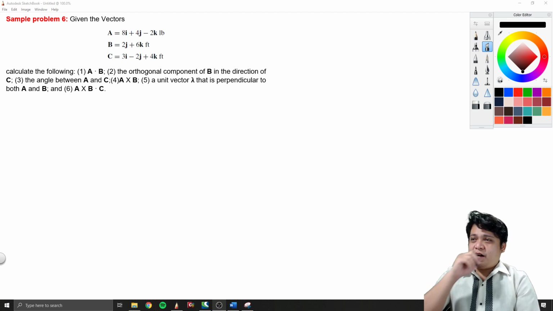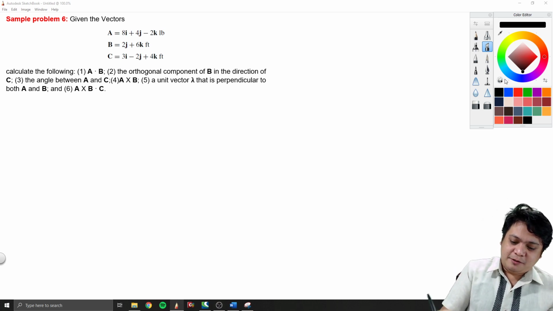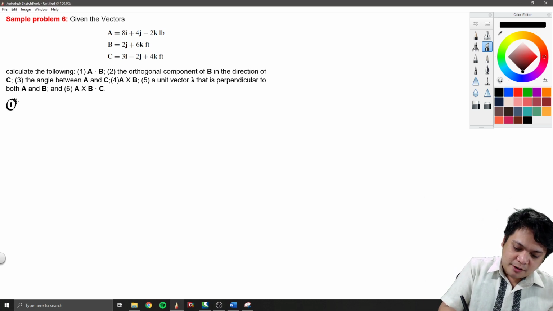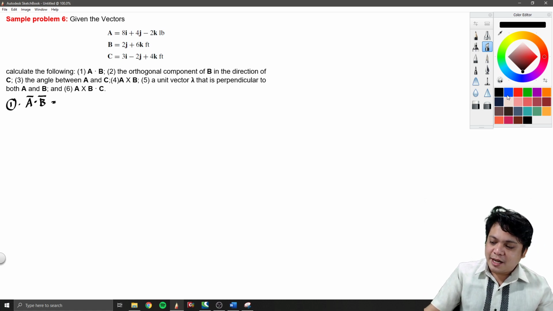Okay? So ngayon, operations na tayo. Unahin muna natin yung number 1. Number 1 is vector A dot product of vector B. So, again, ang gagawin lang natin dyan, we need to multiply yung pinaka ijk niya.